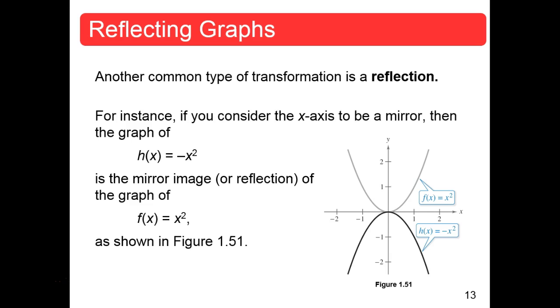If you had some that started down here and went up, these would go up, these would go down, okay? Whatever they are, you negate it. A mirror image or a reflection of the graph, okay? That's when you negate the y value, the function value. That is a reflection across the x-axis, okay?